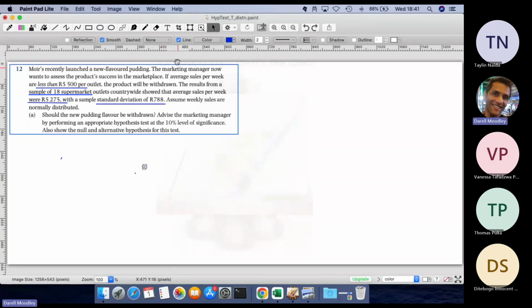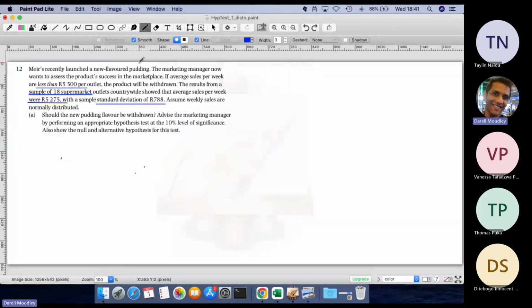All right. So here, if you read this problem, they are still looking at averages. If you look at the text here, it says if average sales. So they are testing the average. So in other words, your H0, you're going to have an H0 and you're going to have an H1, like before.